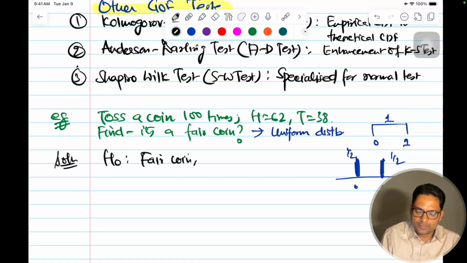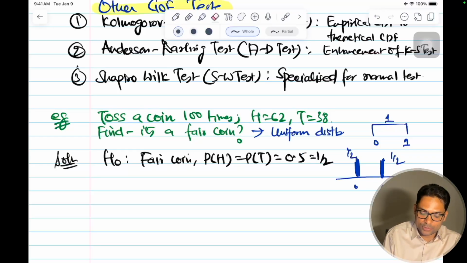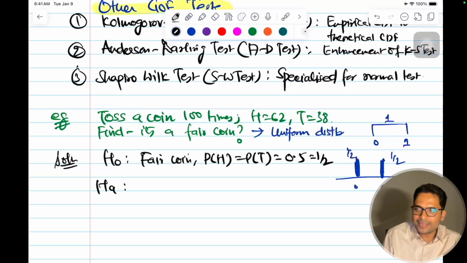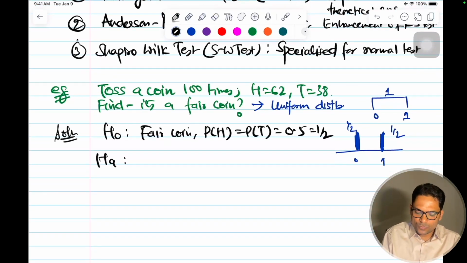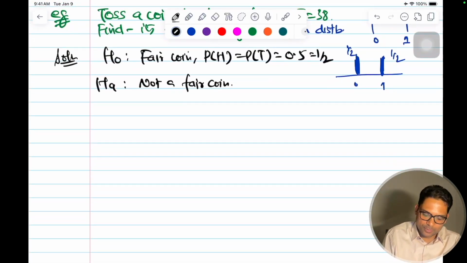Fair coin means status quo: the probability of heads is equal to the probability of tails, equal to half. Whenever you have an equal condition, that's your null hypothesis by default, and the alternate hypothesis is that it is not a fair coin.